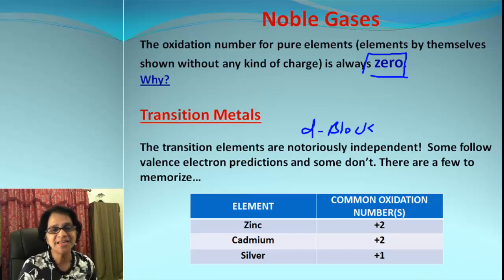So if that happens, these elements may withdraw some electrons from d orbitals or maybe not. So we are going to only memorize 3 elements for our class. Zinc will have +2, cadmium will have +2 as the charge, and silver will always have +1 as the charge.